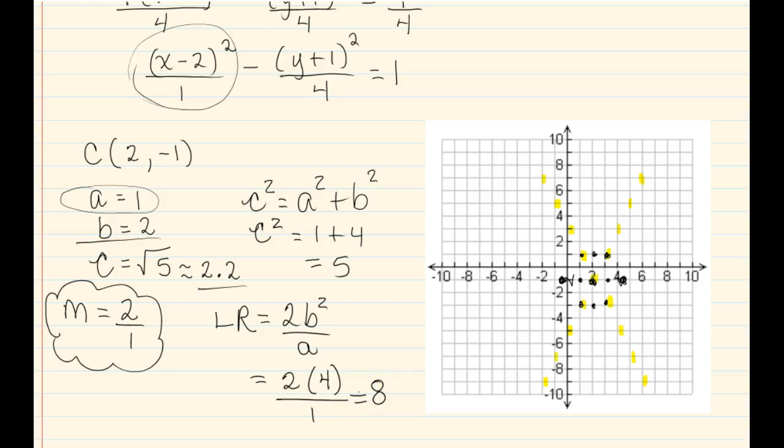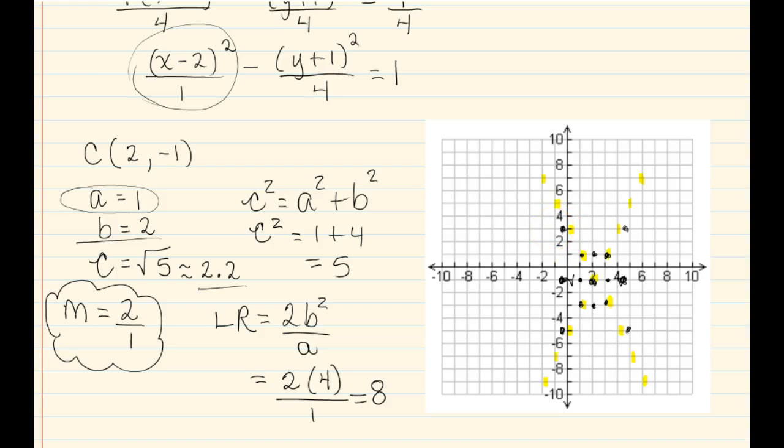So we need to go half from our focus. We're going to go up 1, 2, 3, 4. Notice it's really close to my asymptote. 1, 2, 3, 4. Do the same thing with this focus. Go down 1, 2, 3, 4. And go up 1, 2, 3, 4.